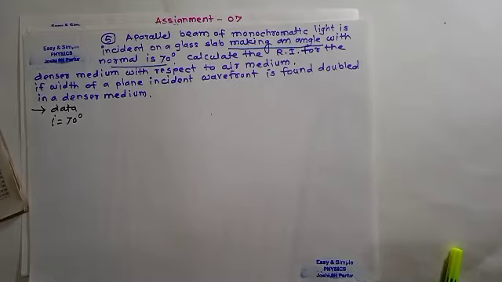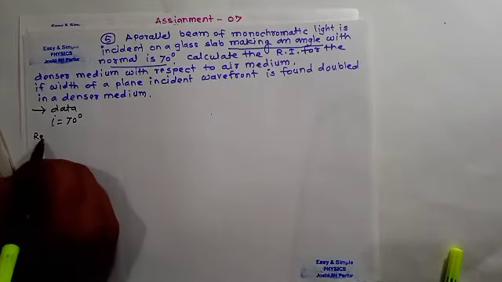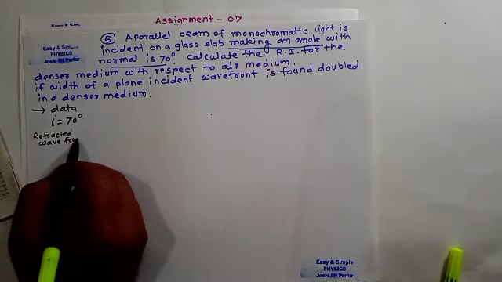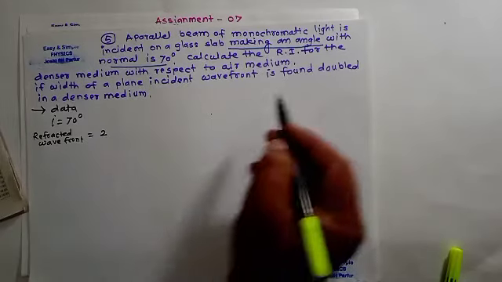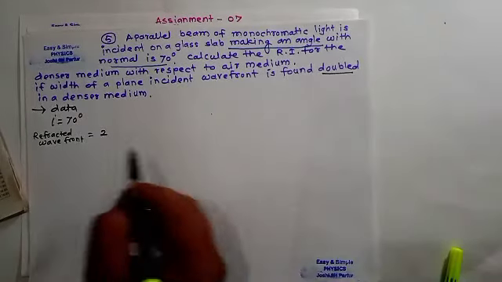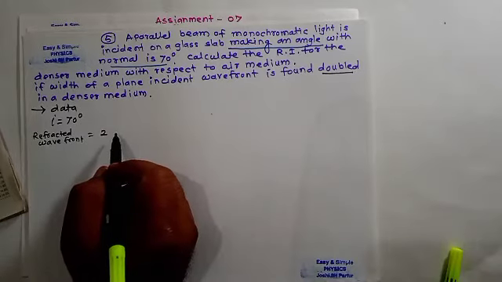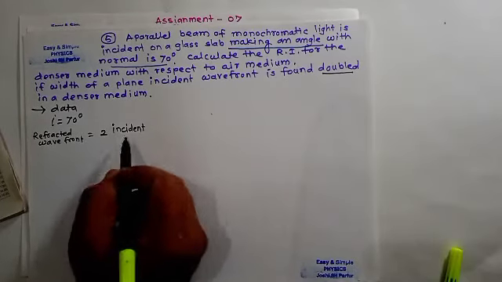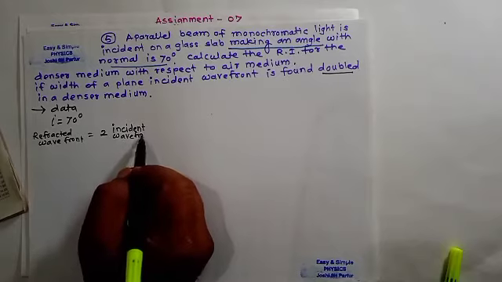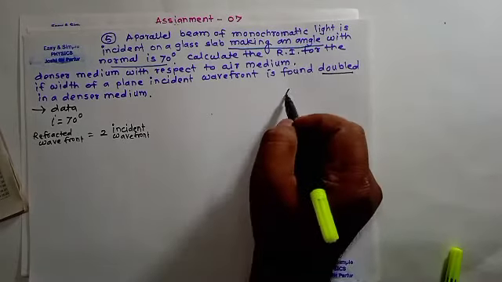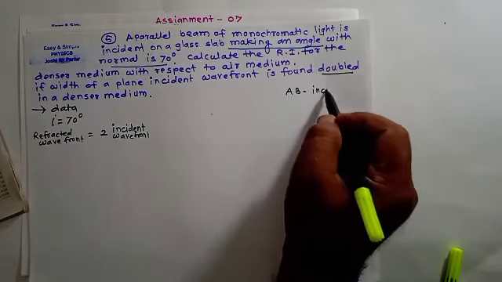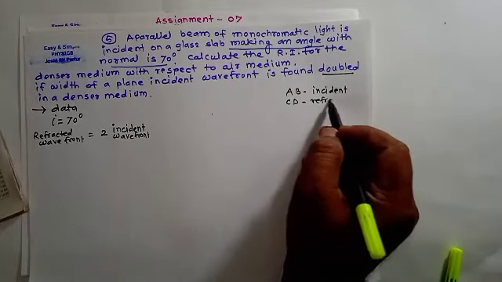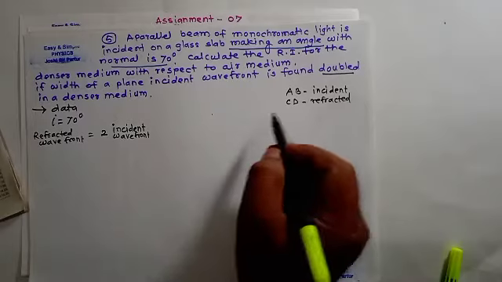We are given that the refracted wavefront is found to be double in the denser medium, means it is double the incident wavefront. Means if AB is represented as the incident wavefront and CD is represented as the refracted wavefront, what happens?